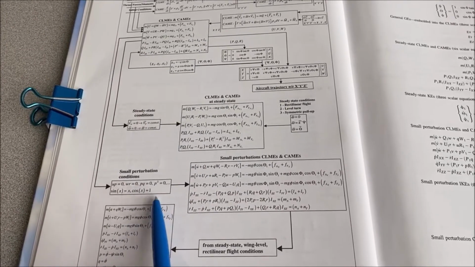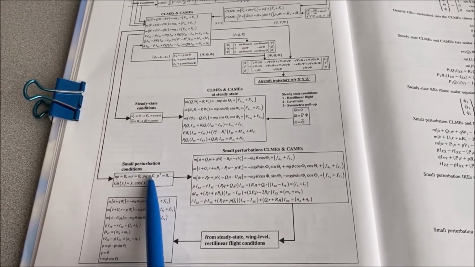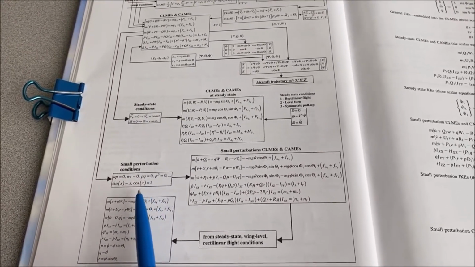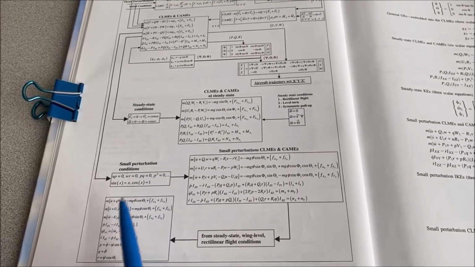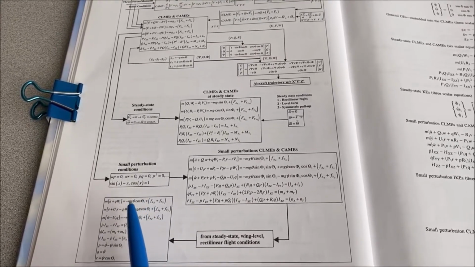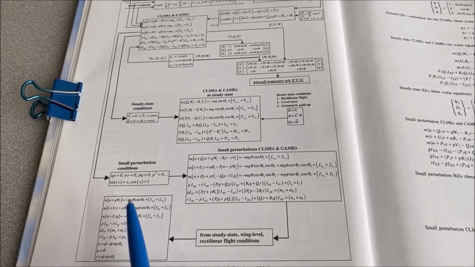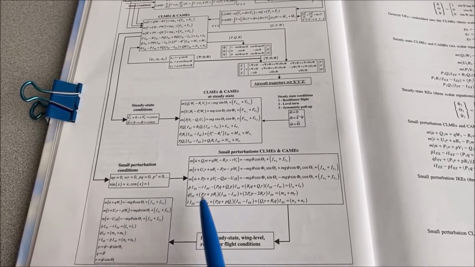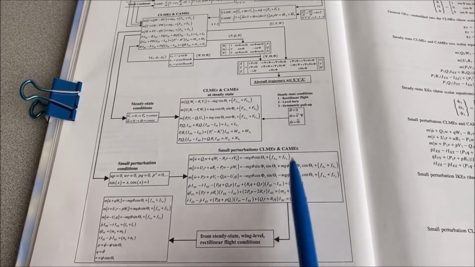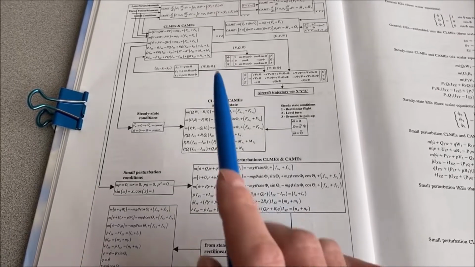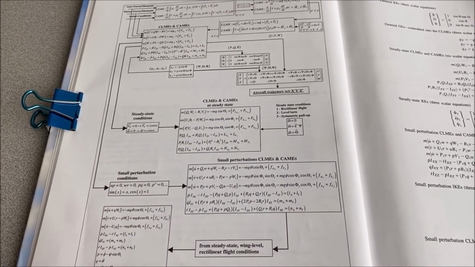And then we also had the small perturbation approximation, where we looked specifically at adding a small change in one of the parameters from a known flight condition, and that again leads us to a simplification of the system above.